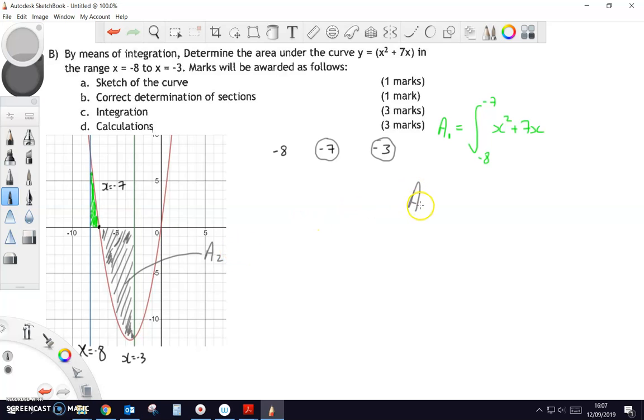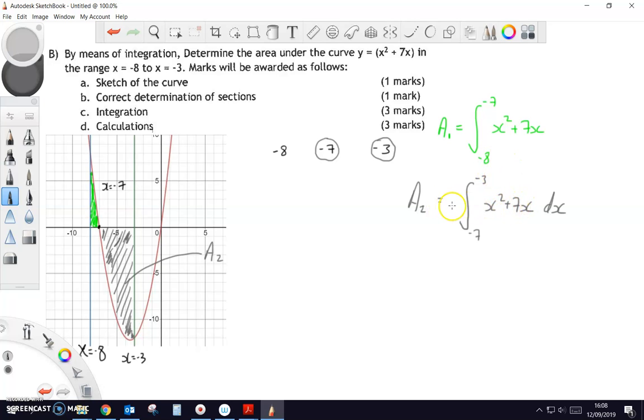And area 2 will be given by the integral between the limits minus 3, minus 7, and it's still the same curve, x squared plus 7x. I might write a dx there. Could have done it up there also. Anyway, we'll integrate these two, fill in the limits, get some numbers and add them together.